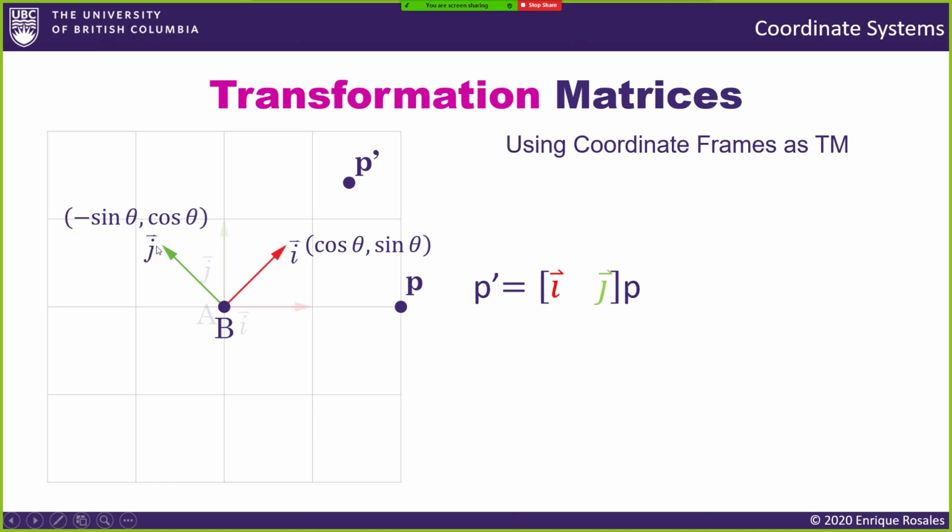So its x and y coordinates will be minus sine theta for the x coordinate and cosine theta for the y coordinate. Everybody agrees? Yes, right? Because in the end, that is what sine and cosine mean: the x and y components of something that is moving at constant speed in a unitary circle.